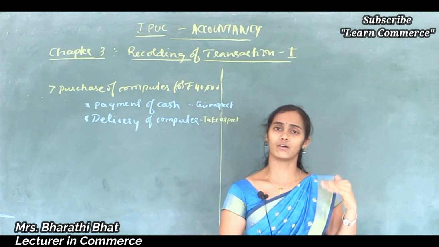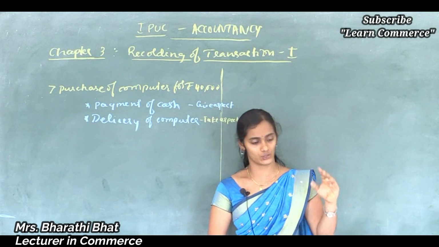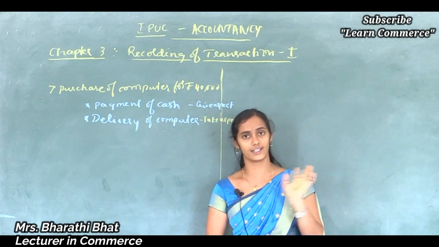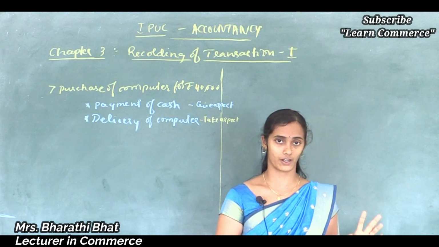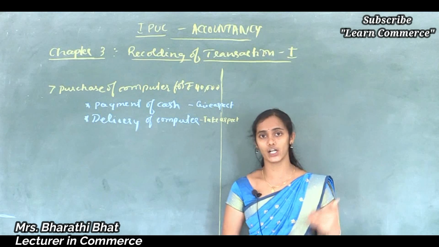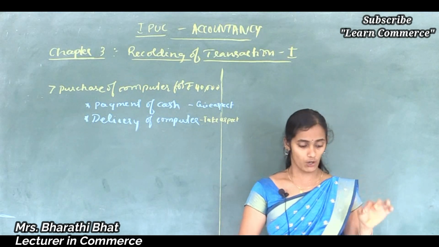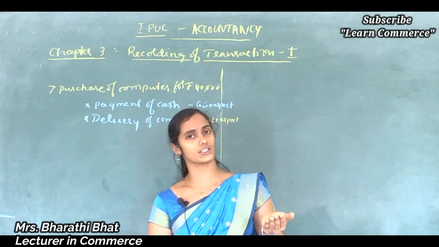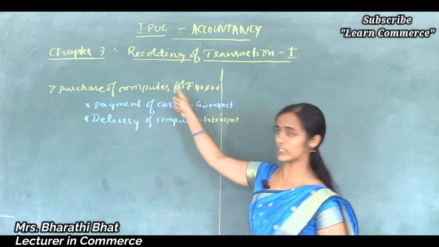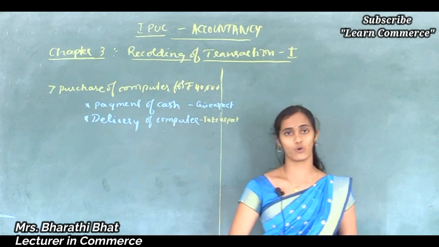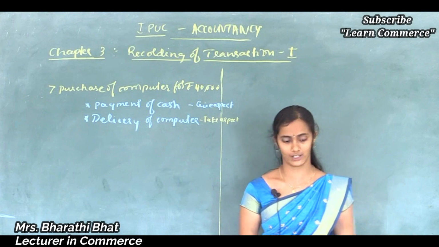These business transactions are recorded in two different accounts. Both the debit aspect and the credit aspect we should record in the books of accounts, in two different places. So how can we record this transaction? Based on the cash memo, invoice or bills, whatever it may be.